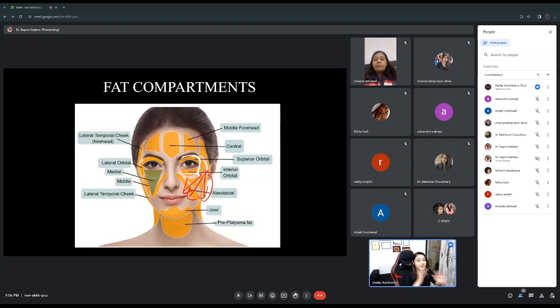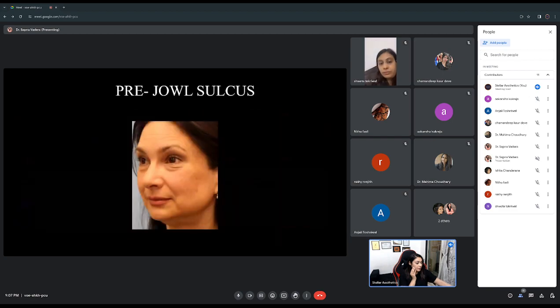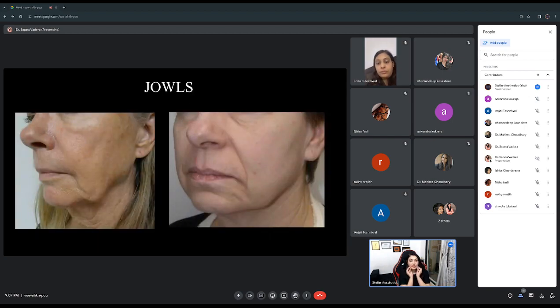So it's also going downwards, right? It's going like this and it's going like this. Whatever is here comes here and whatever is here goes down. So all this fat goes down and gets accumulated here. So this also needs lifting. Okay?